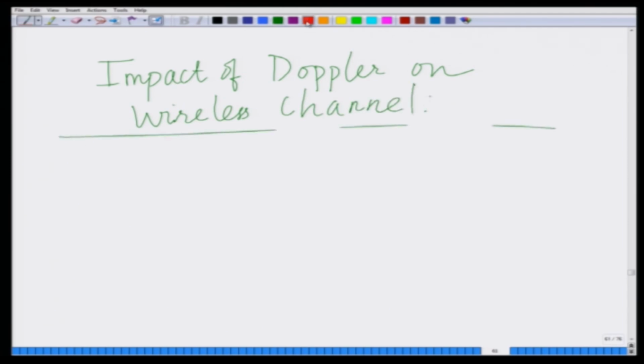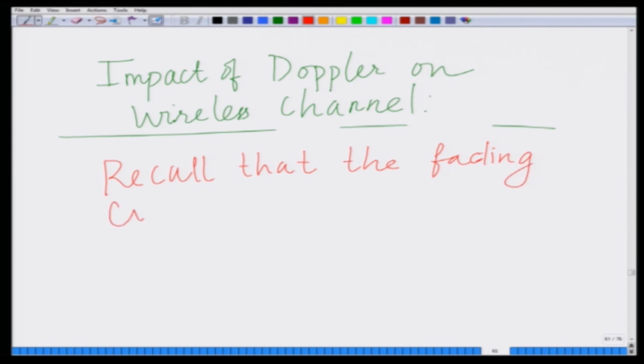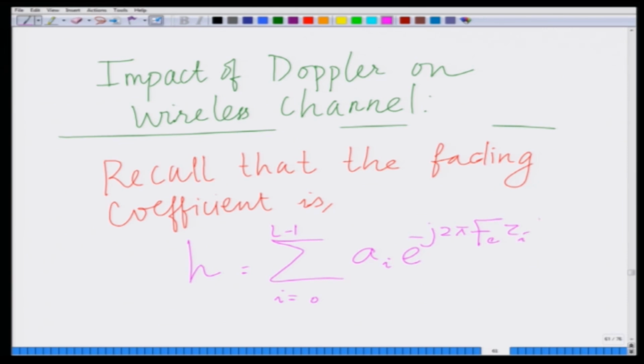Let us look at the impact of the Doppler on the wireless channel, and for that recall that the wireless channel coefficient, or fading coefficient h, is defined as the summation i equal to 0 to L minus 1 of a_i e to the power of minus j 2 pi f_c tau_i, where f_c is the carrier frequency.